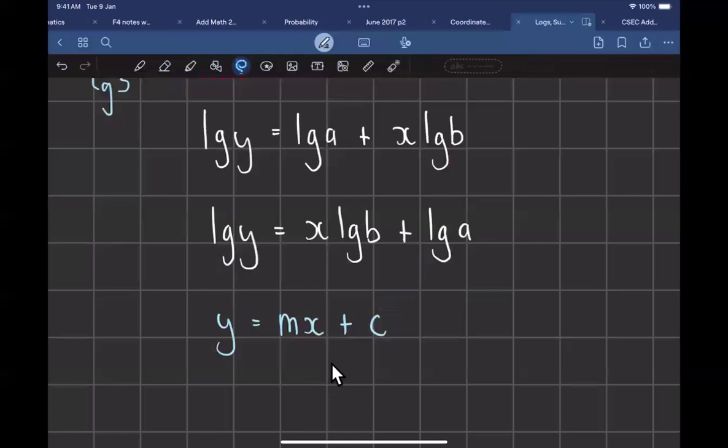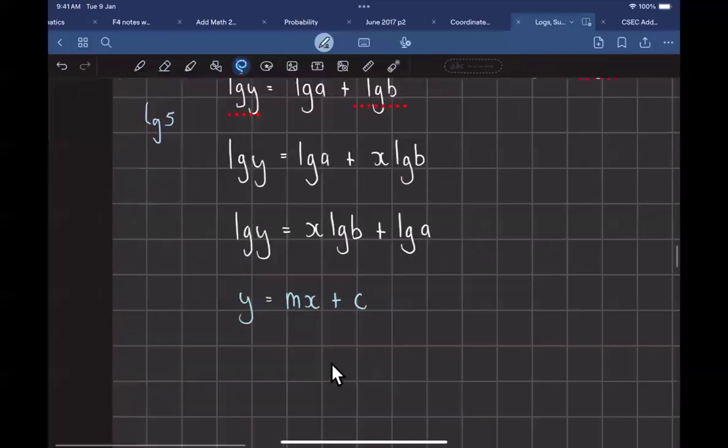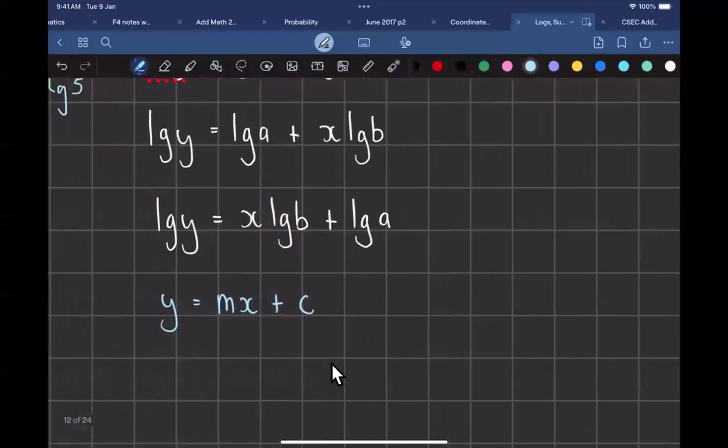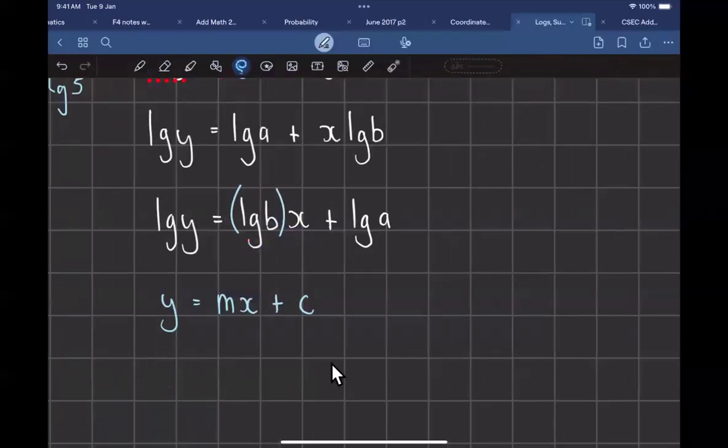If you want to put it in the form m by x, you see how it will be log b, and this thing in brackets by x. I still cooked, okay? I'm proud of myself.